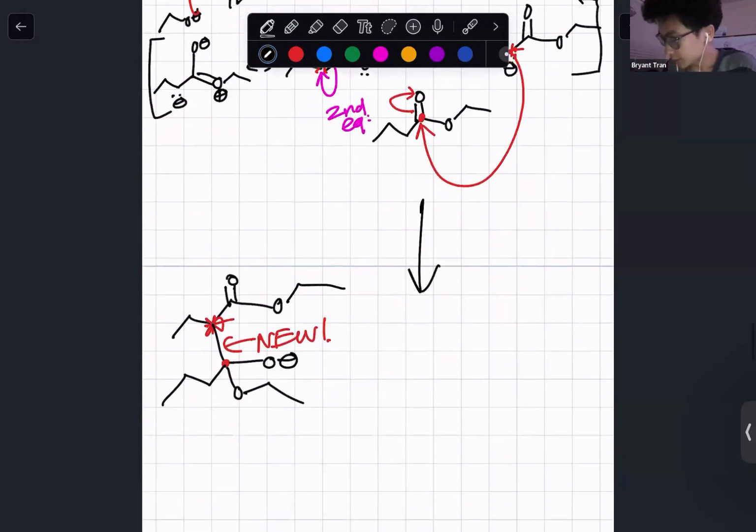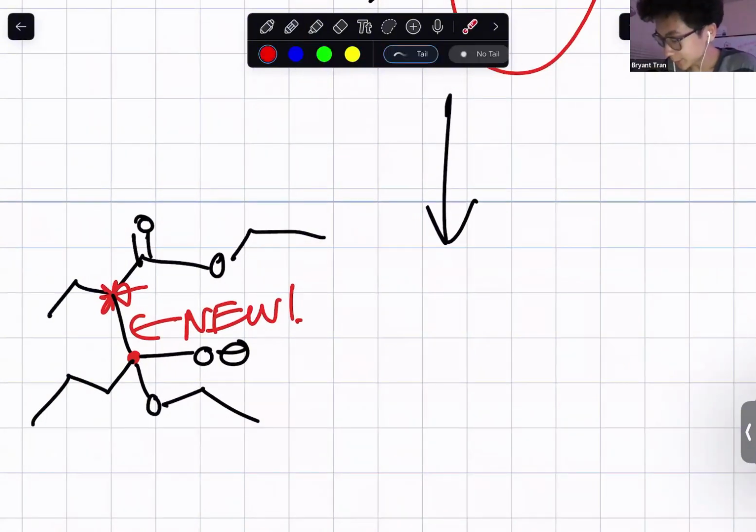Okay. Now, once we have this right here, we're going to reform. There's two directions that we could go here, right? We're either gonna protonate the O minus, or we could kick out a leaving group. Which direction do you guys think we can go to?